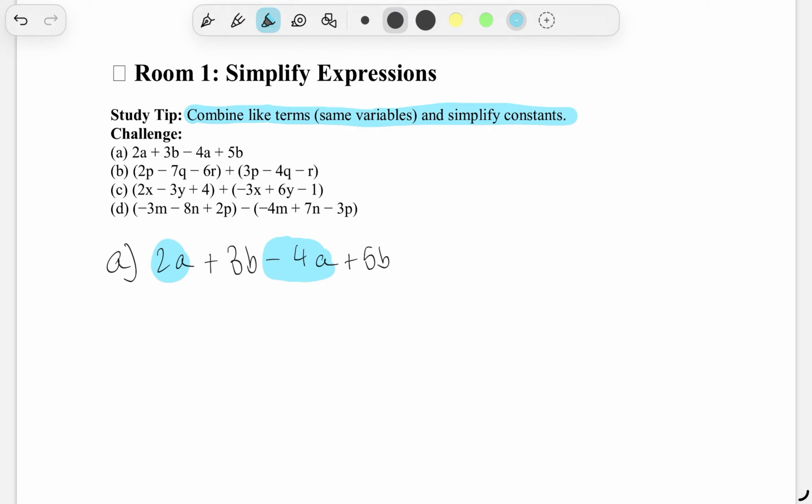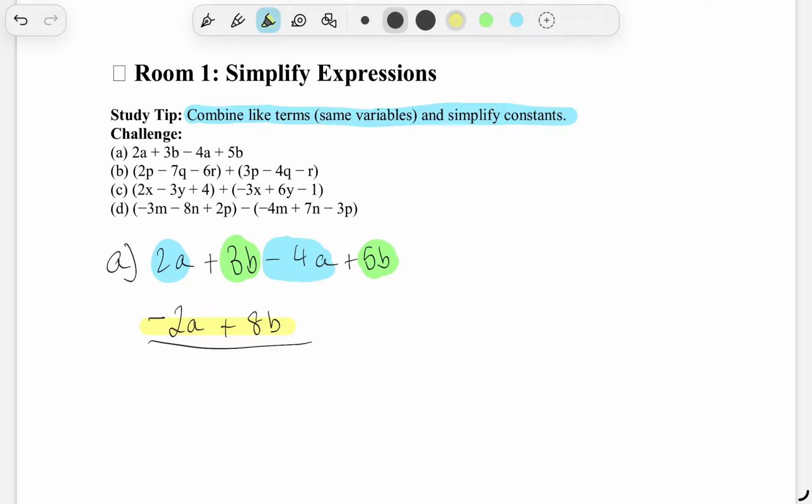And then you have 3b plus 5b. If we combine these terms, 2a subtracted by 4a gives us negative 2a, plus 3b plus 5b, which gives us 8b. So our answer to A is negative 2a plus 8b. That's our answer to A.